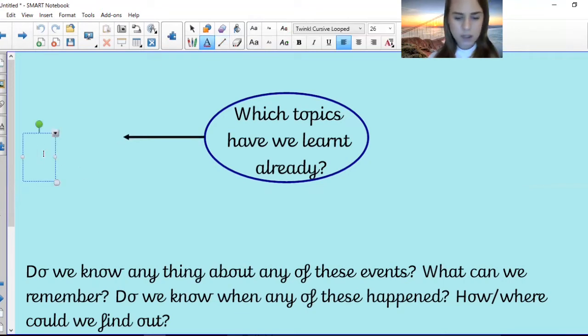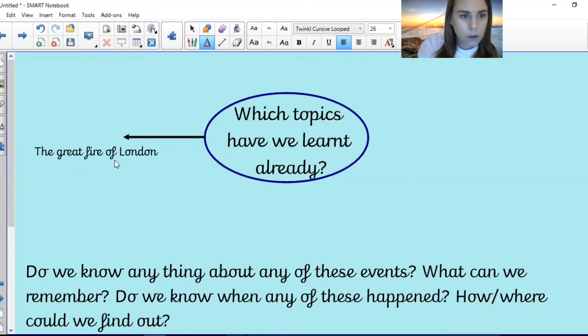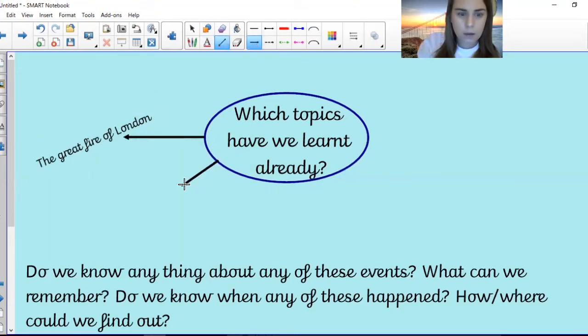Okay, so I've already said to you the Great Fire of London was one. Twist that so that it fits properly. Okay, we have done the moon landing.